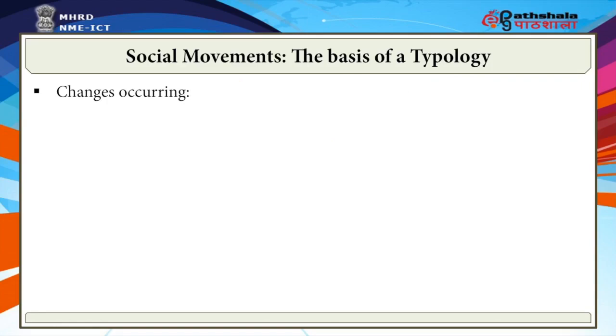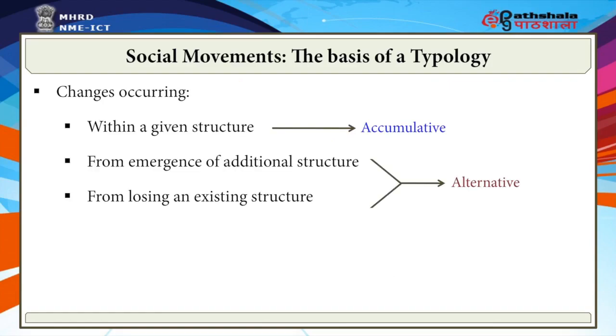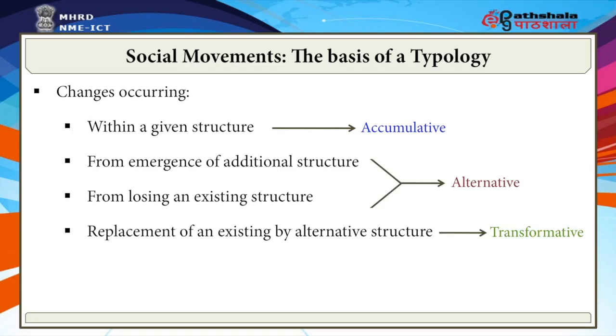Following the above, changes of the first variety could be classified as accumulative. Those of the second and third variety are alternative, while changes of the fourth type are transformative.